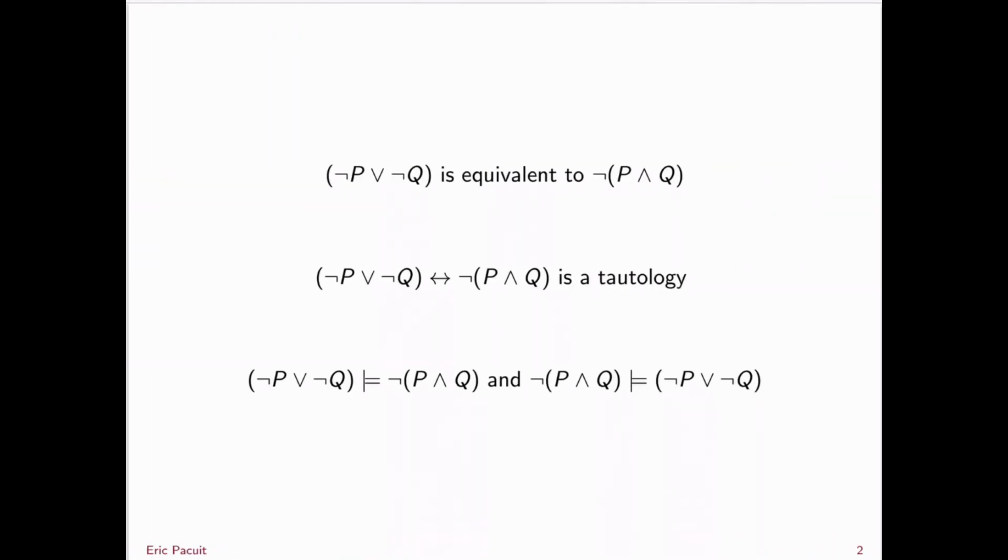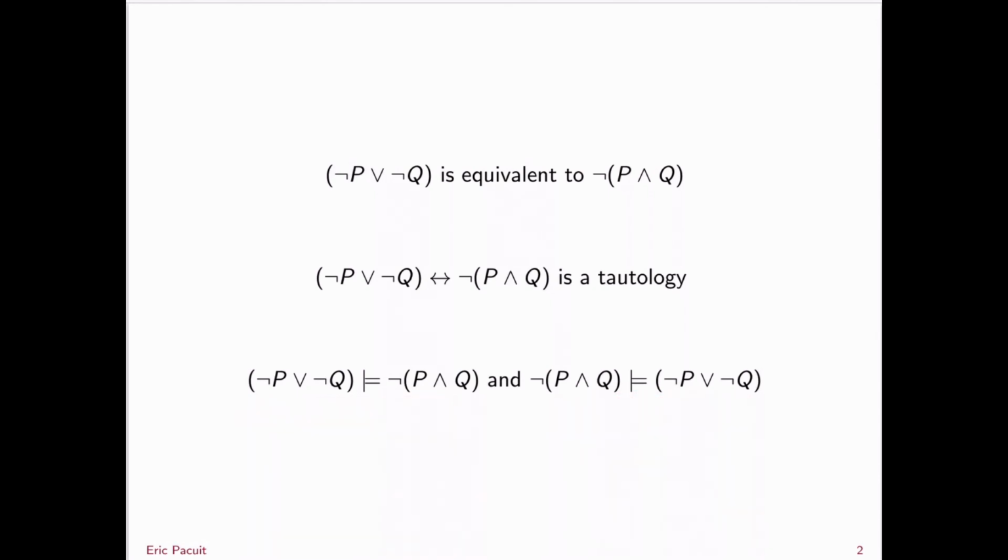Now, an important use of Venn diagrams is to help visualize interesting relationships between different propositions or different formulas. So here's a fact. Not (P or Q) is equivalent, tautologically equivalent, to not P and not Q. Another way to say that is that this biconditional is a tautology. And yet a third way to say that is that these two arguments are valid.